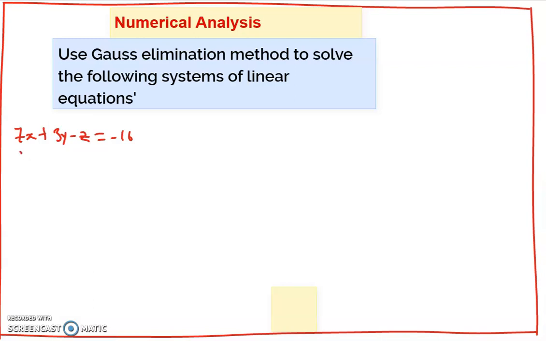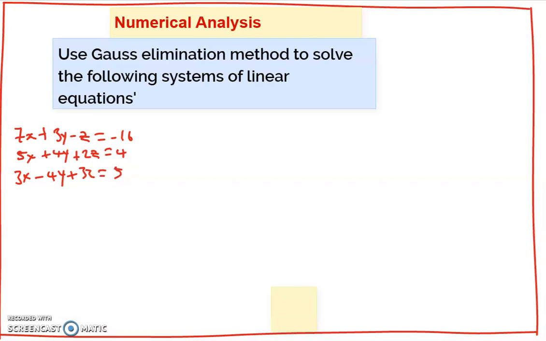We have 5x plus 4y plus 2z, and this is equal to 4. And then we have 3x minus 4y plus 3z, and this is equal to 5.